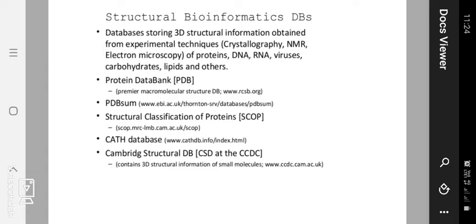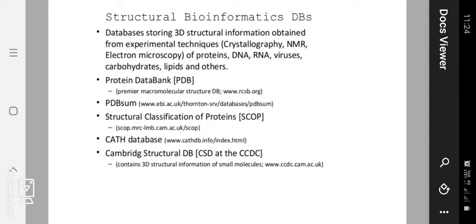Actually, the Protein Data Bank, PDB, is the primary macromolecular structure database. The structural classification of proteins and the CATH databases have their own official websites, and finally the Cambridge Structural Database, that means CSD.